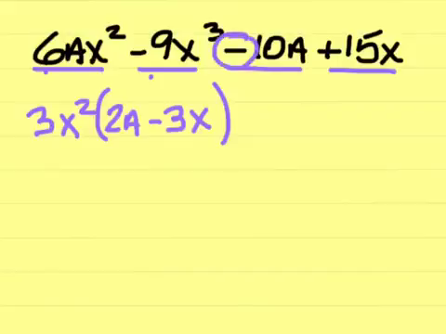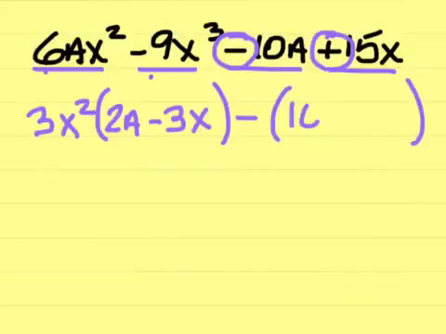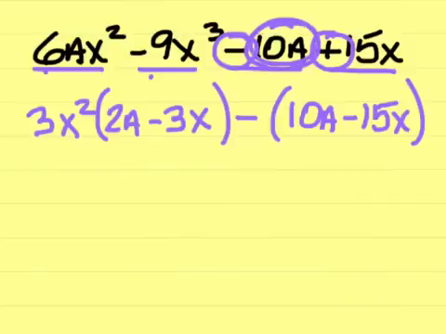Now on the back end we have a minus sign here, which means we have to change this sign to minus. So it's 10a minus 15x. You're also changing the sign of this one because the minus sign was with the 10a.